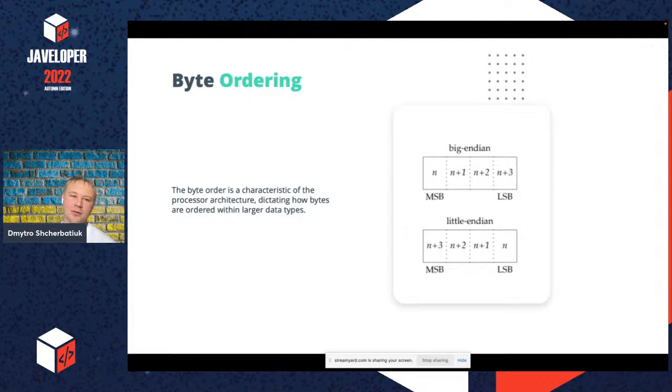There are two types of ordering: big endian and little endian. In general, we read our byte information from right to left.